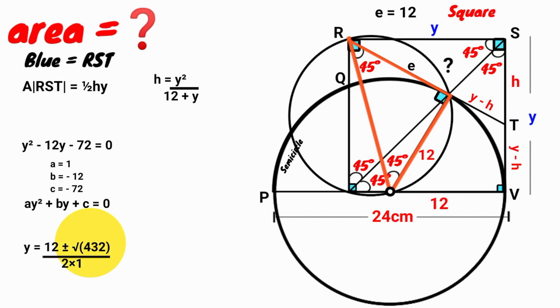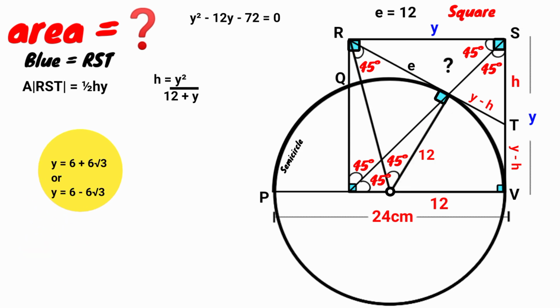Square root of 432 is 12 root 3. From 12 plus or minus 12 root 3, we can factor out 2. So it is 2 into bracket 6 plus or minus 6 root 3. 2 times 1 is 2. This 2 eliminates this 2. So y equal to 6 plus or minus 6 root 3.